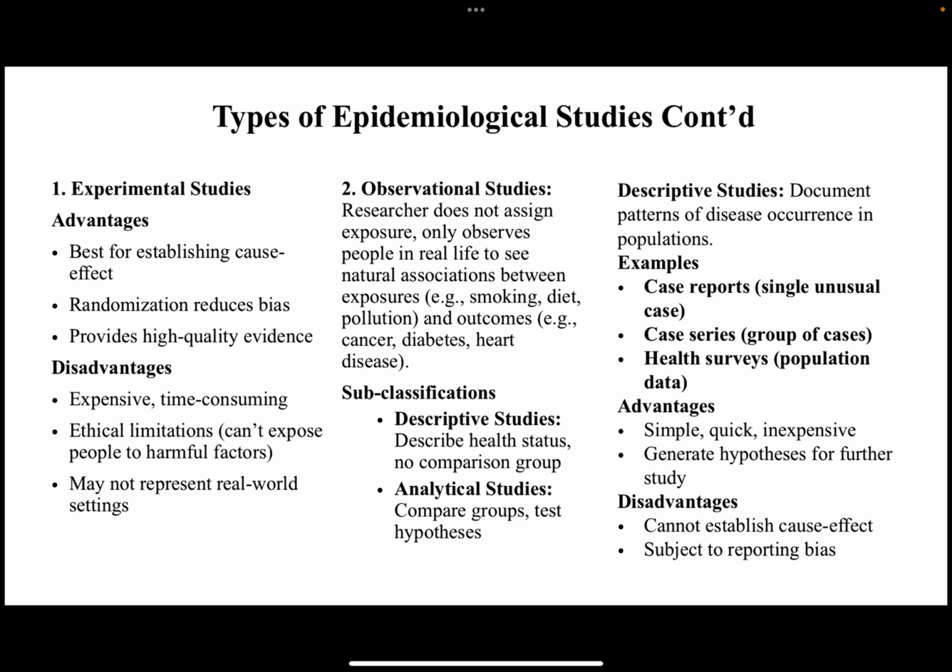Now, we have types of experimental or interventional study. We have randomized controlled trial, non-randomized controlled trial. The randomized controlled trial, you can call it the clinical trial. Now, what makes it randomized controlled trial? In experimental study, the researcher creates groups.